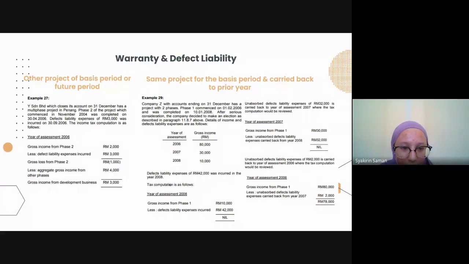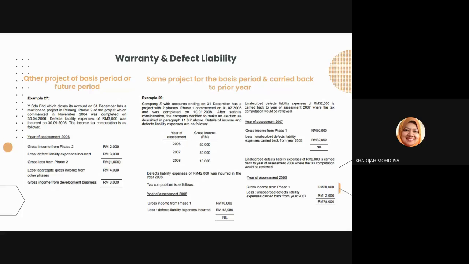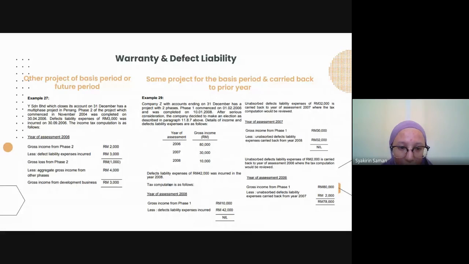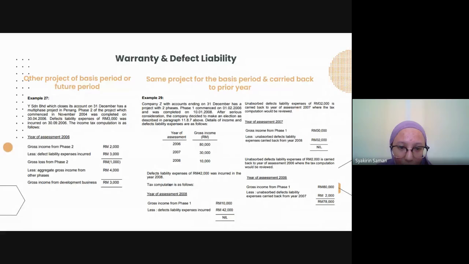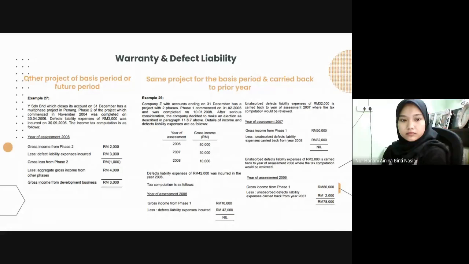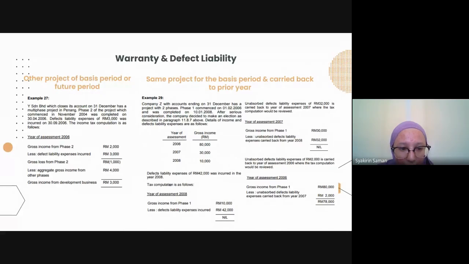For the year of assessment 2006, the gross income from phase 2 is only 2,000, but the defect liability expenses incurred is 3,000. So there is unabsorbed liability expenses of 1,000, and the expenses is deducted against the aggregate gross income from other phases.